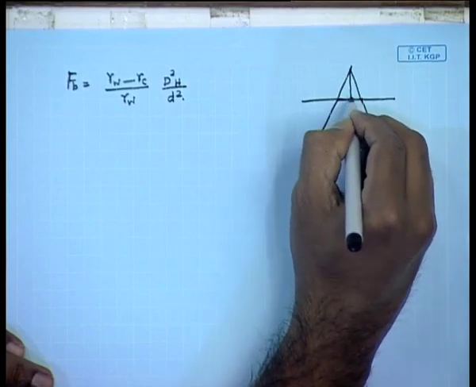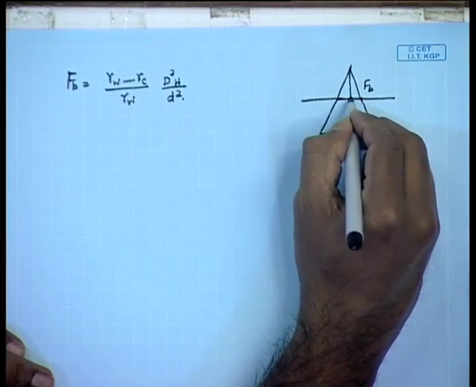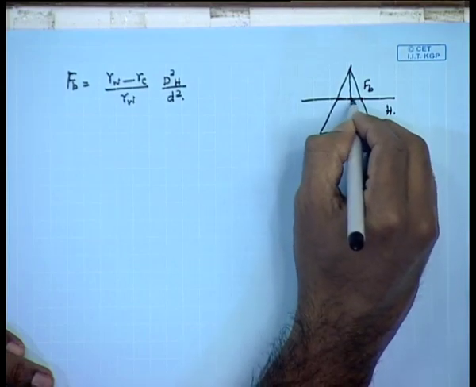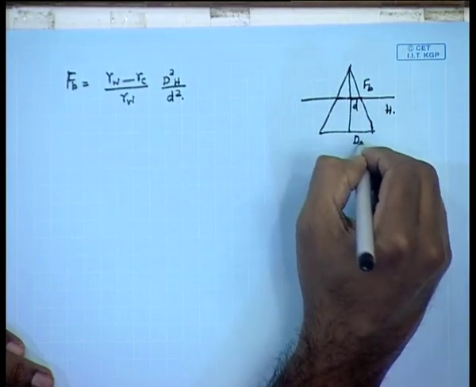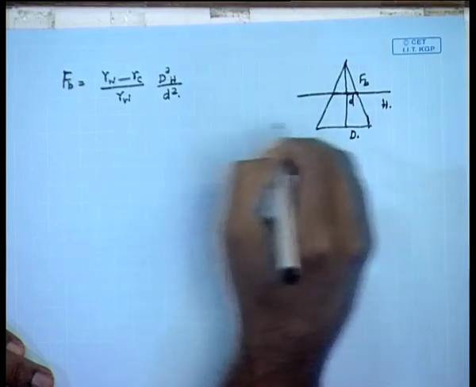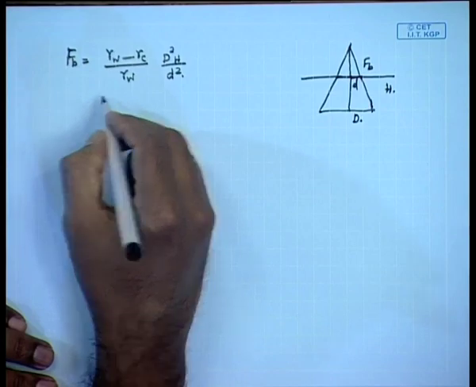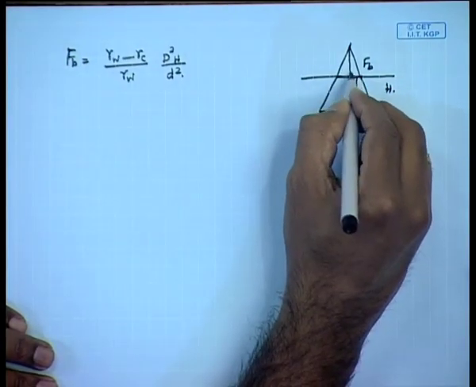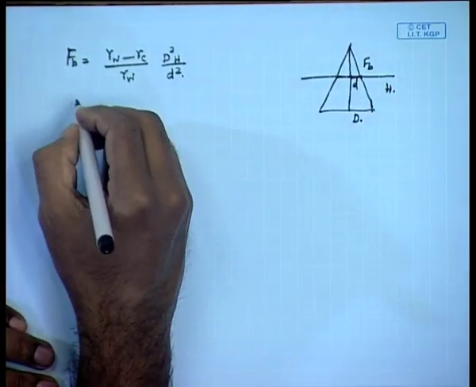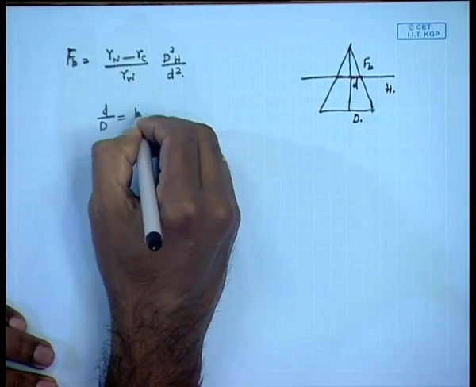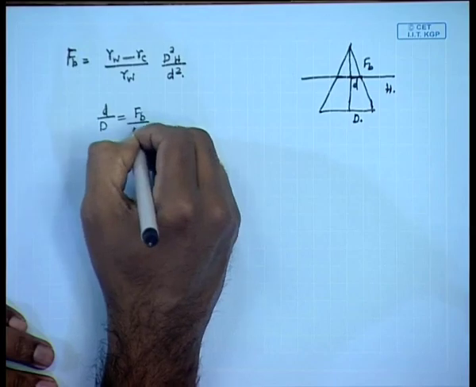So, we have here FB, we have here total distance h, d, d, this distance and this distance. If you use the similarity of these two triangles, that is this small triangle and this large triangle, then you get d by d is equal to FB by h.